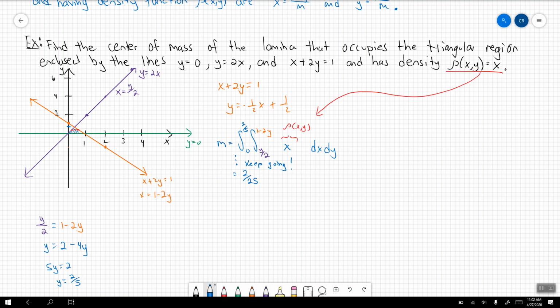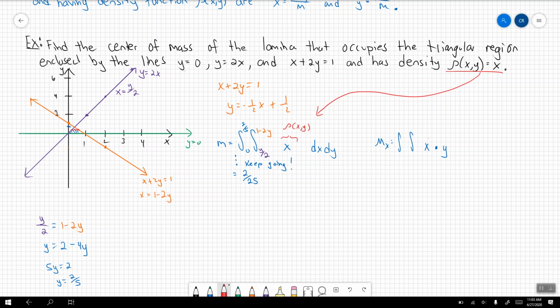Now that we have the mass, let's try to find the moment about the x-axis. The moment about the x-axis is going to be another double integral, but this time it's a double integral over the region that we're looking at, of its density multiplied by a y value.